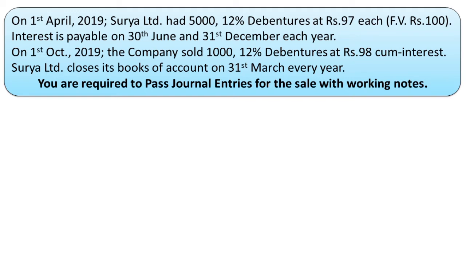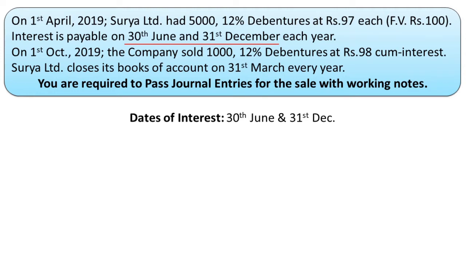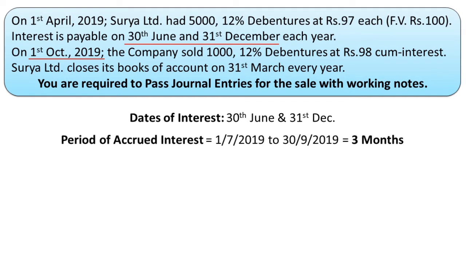Now, first of all, we have to note down the date of interest, that is 30th June and 31st December. To calculate the period of accrued interest, from the last date of declaration of interest to the date of sale of the investment, which is 3 months. Let us calculate now accrued interest on the investment sold.